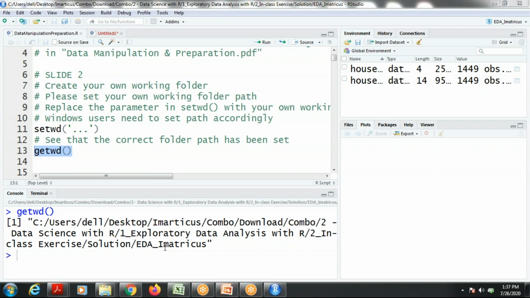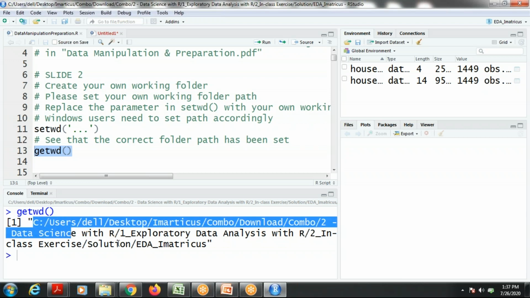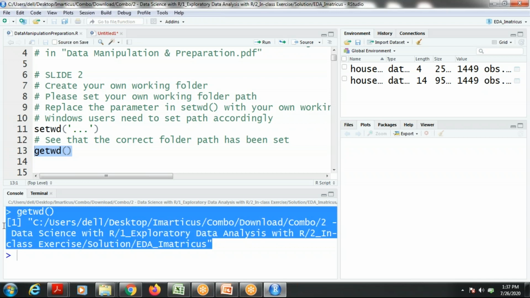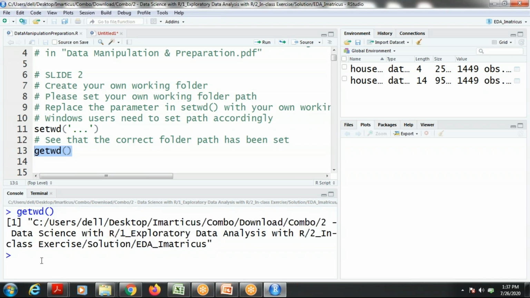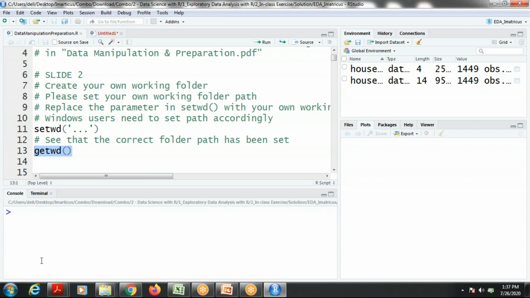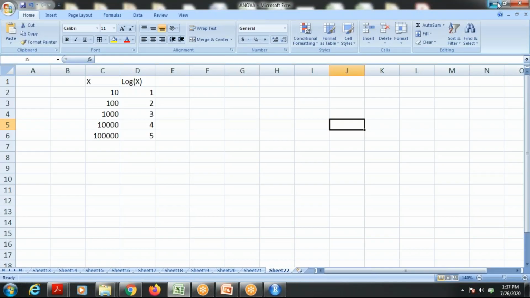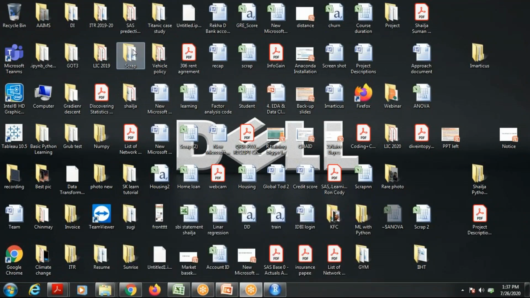Now, let's say that currently my working directory is showing somewhere like C drive, user, here and there. I want to change it, that means I want to store the entire stuff somewhere else. In my case, I have a folder on desktop and that folder name is scrap folder.